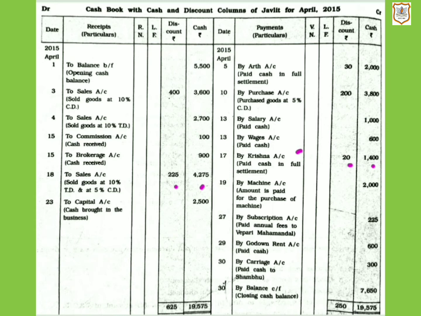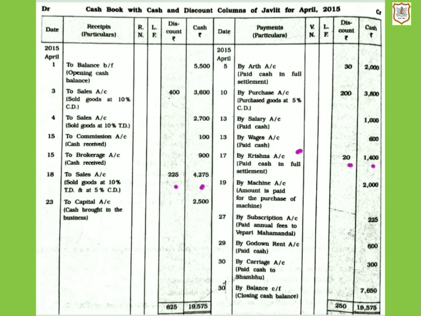Now next transaction, date 19th. A machine of rupees 6,000 purchased from Ramesh, for which 2,000 paid by cash, and it is decided that the remaining amount will be paid after 1 month. That means here there is cash transaction.